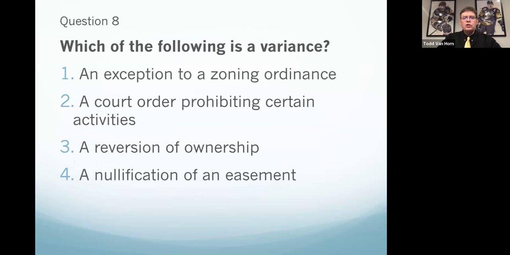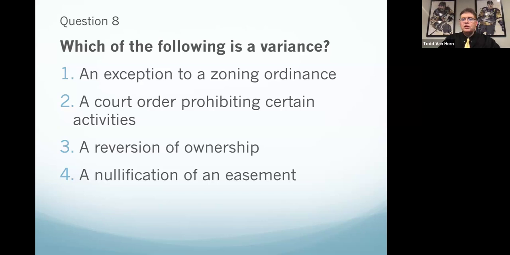Question number 8. Which of the following is a variance? Number 1, an exception to a zoning ordinance. Number 2, a court order prohibiting certain activities. Number 3, a reversion of ownership. Number 4, a nullification of an easement. Again, which of the following is a variance?